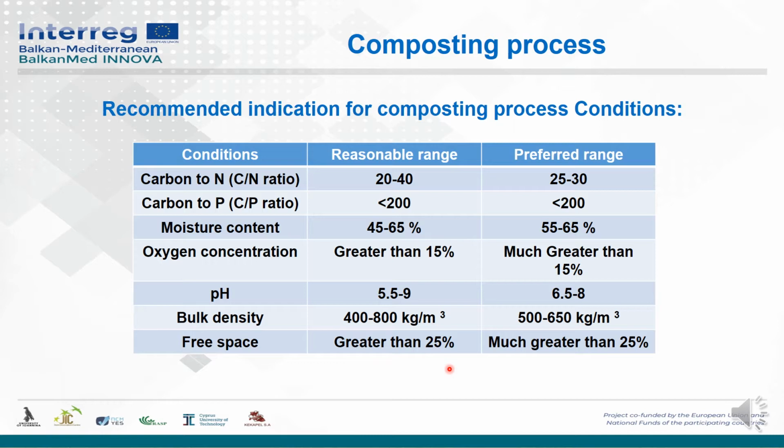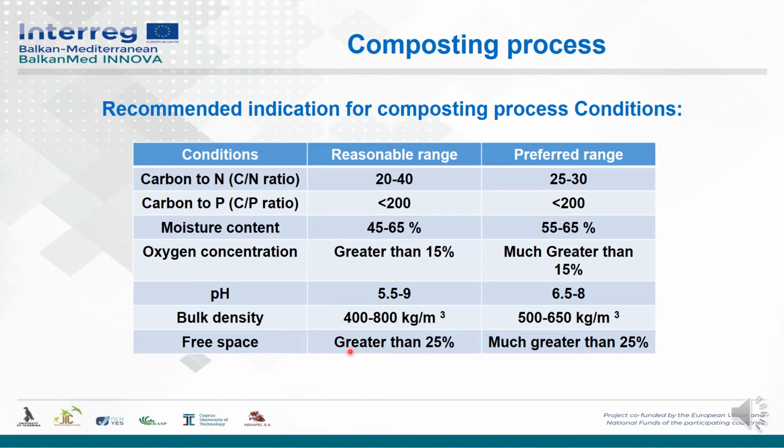Oxygen concentration is better when greater than 5%, and much better when it is much greater than 15%. pH between 5.5 and 9, and the best range is between 6.5 and 8.